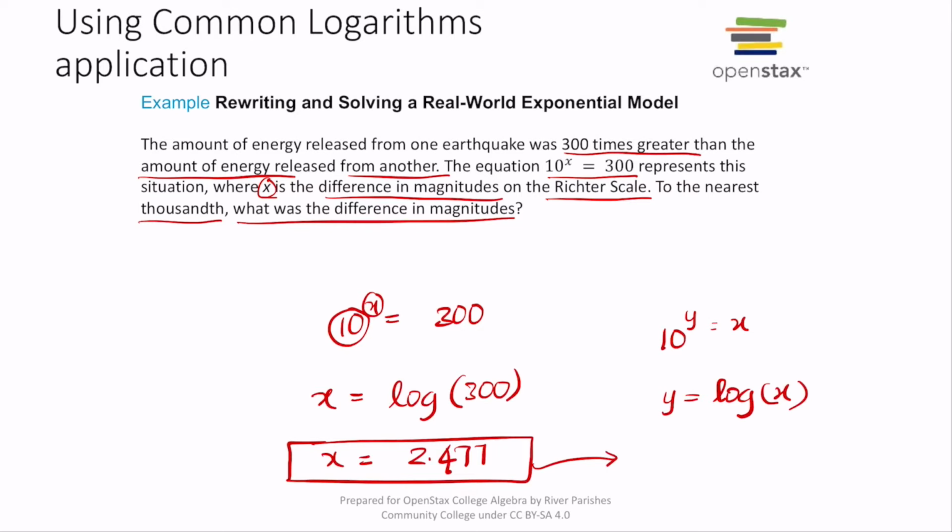The Richter scale is a logarithmic scale that shows you the change. For example, a Richter scale of 5 compared to a Richter scale of 7 means there is a 10 squared difference, or a 100 times difference, in the level of earthquake activity that has happened here.